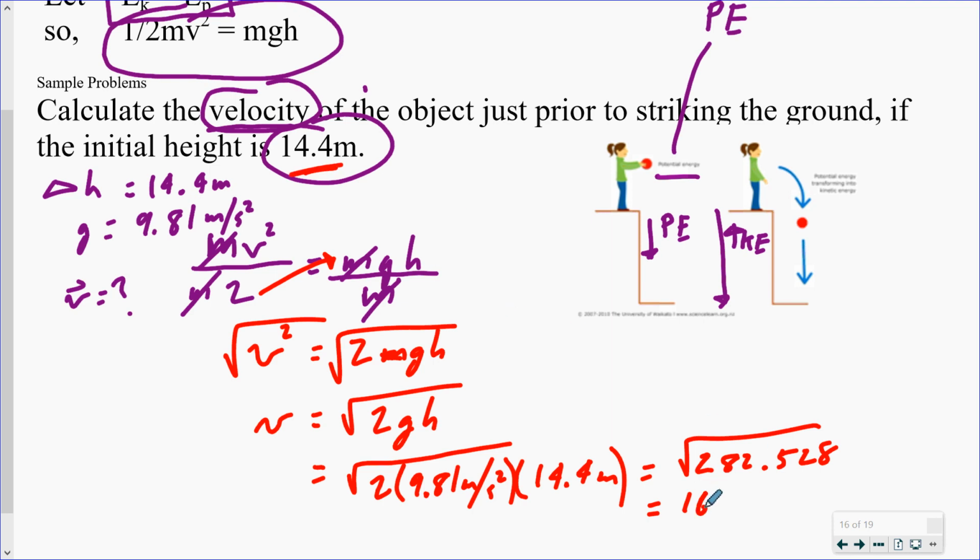It works out to 16.8. It is meters per second. We are calculating the velocity. And yeah, so it is a velocity because it is going down, so we can give a direction. And we can say that it's actually down.